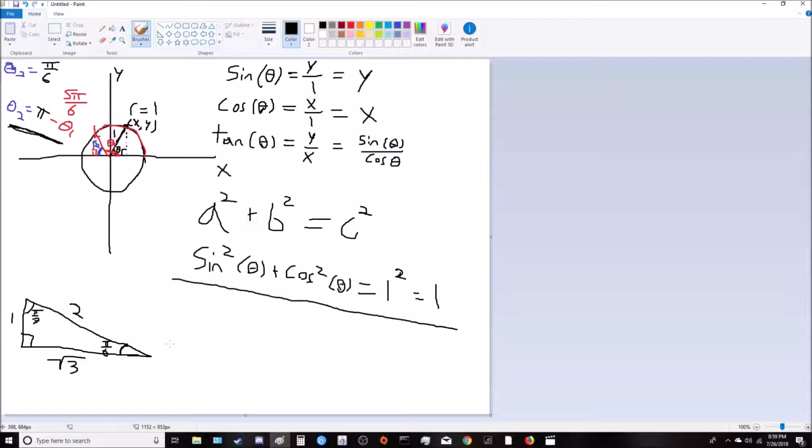And so now, for instance, let's take the cosine of our theta sub 2. Cosine is adjacent over hypotenuse, so that's going to be root 3 over 2.